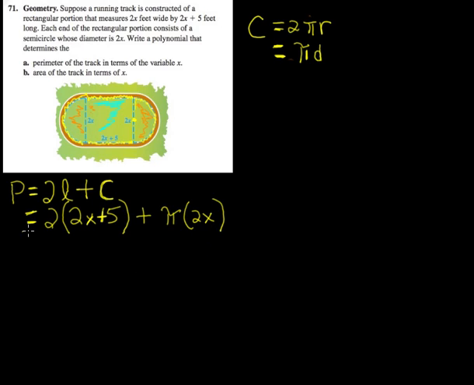If I multiply or distribute this 2 through, so I'll do my distributing, I'm going to get 4x plus 10 plus, and I'll write this in an order, you'll see this a lot, 2 pi x.